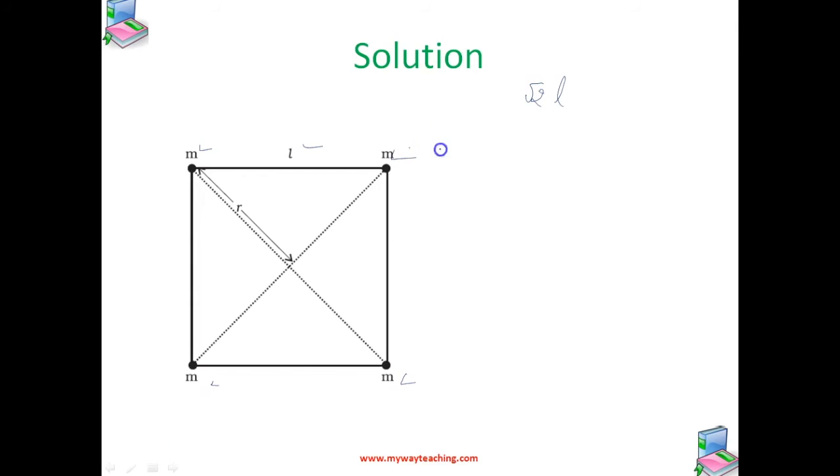So we know the equation W(R) = -(4 G m^2 / L) - (2 G m^2 / (√2 L)).